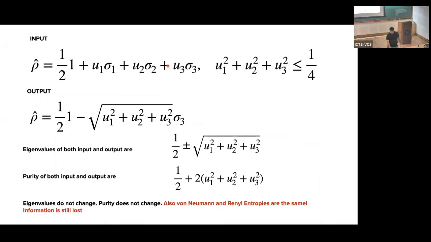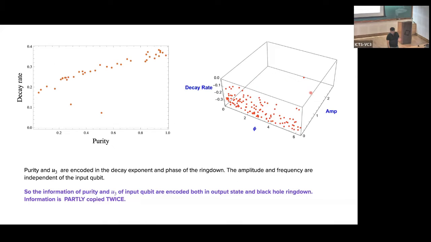Another way to put it is as follows: you take randomly all possible initial states on the Bloch sphere and try to see where they map to in this plane. And you find they span a two-dimensional surface. So it means that out of this three-dimensional information, you retain a two-dimensional part. That is the original U3 and the purity. What you don't know is U1 by U2, the ratio of U1 and U2, in theory.